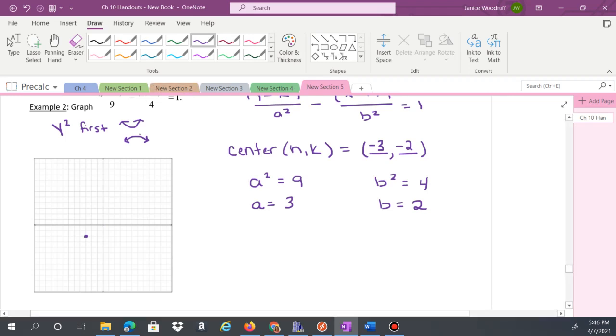Okay, because it's opening up and down, you're going to go with the 3. You're going to go up 3. You're going to have a point right here, and down 3. Okay, so that is going to give you points for your vertices of -3, +1, and -3, -5.